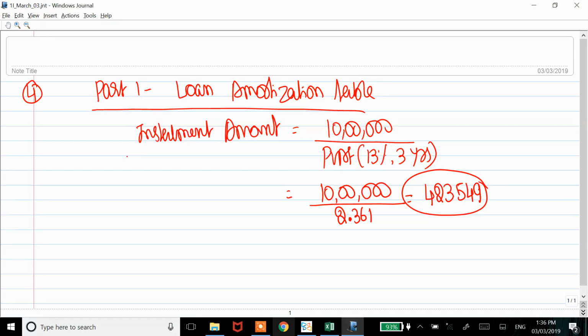That's the installment amount. Loan is repayable at end of year. If it's beginning of year installment, it would be 1 plus PVAF R comma N minus 1.